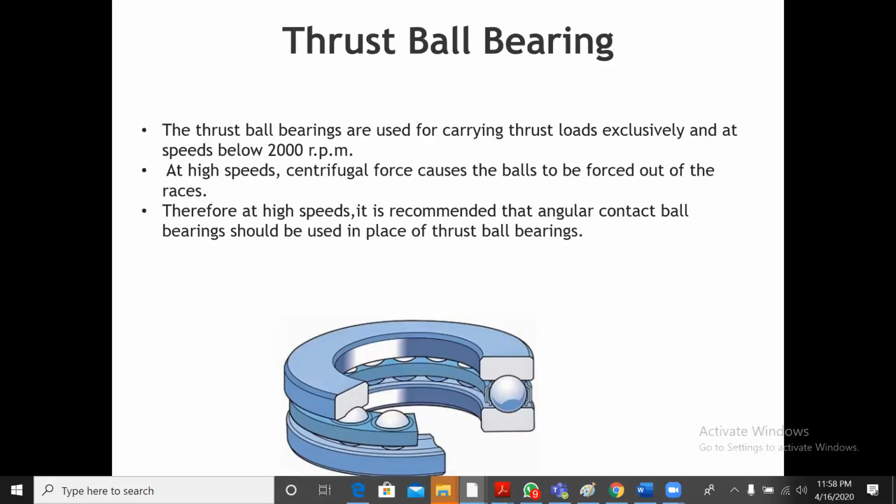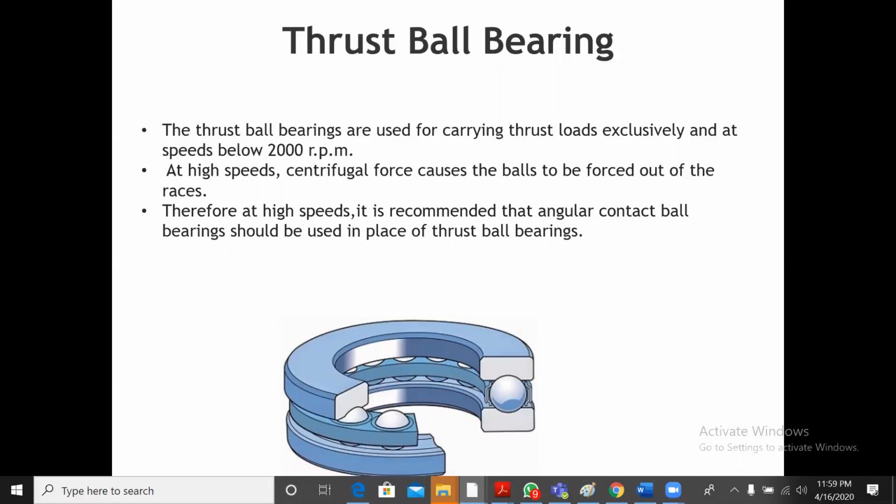But if you see here in the thrust bearing, the ball is taking the load along the axis of the races, or along the axis of the shaft. Such a type of bearing is known as a thrust bearing. Thrust ball bearings are used for carrying thrust load exclusively.